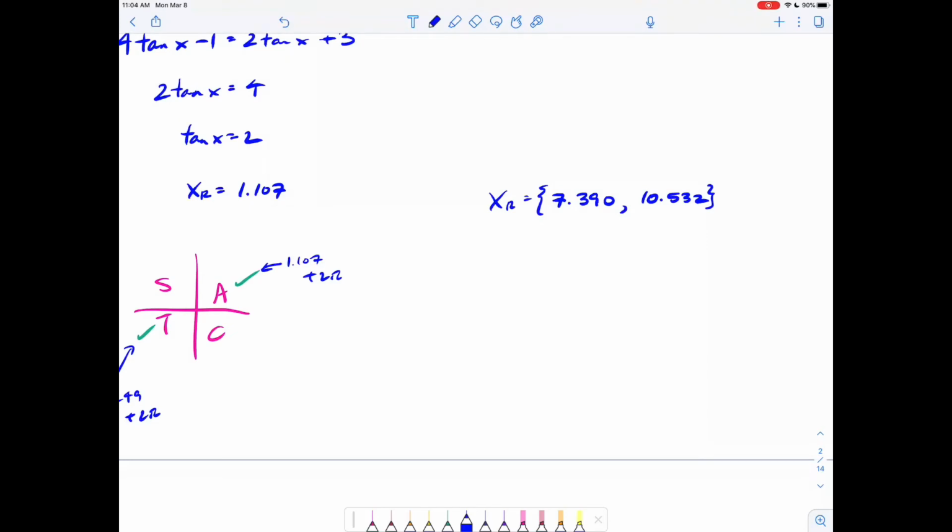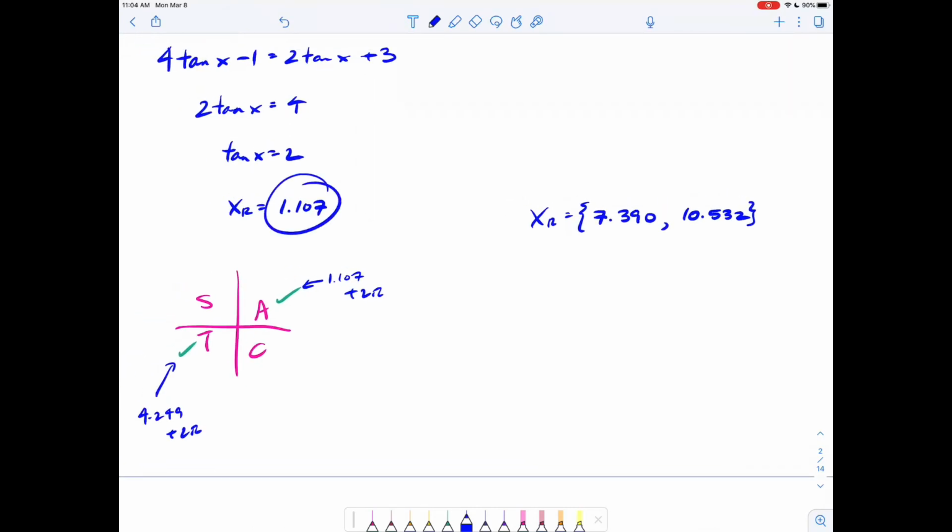One other thing worth noting is you're going to want to keep things as exact as possible. So this wasn't exactly 1.107, so you want to keep things as accurate as possible to 3 decimal places. It wasn't exactly 1.107, it was, I don't know, what was it? Show me tan inverse of 2. It was 1.107, 1487, etc., etc. And pi isn't exactly 3.141, right?